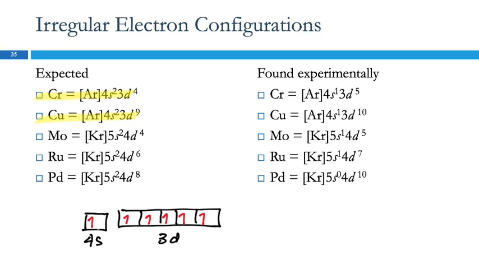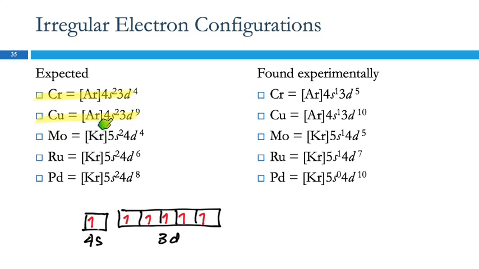So, because the difference in energy between these levels is really small, that little Groupon deal, if the guy moves up here, this actually lowers the energy a little bit for everybody. So we get 4s1, 3d5. So I could give you, on an exam, what's the electron configuration for chromium, and I would expect you to give me this. Of course, is that going to cause you to fail the class? Absolutely not.